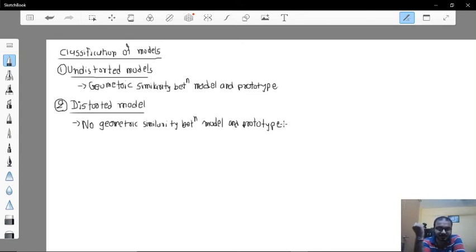So scale ratios are different between model and prototype. Now two different scale ratios are used here, one for horizontal dimensions and second for vertical dimensions. So two different scale ratios for horizontal and vertical dimensions.